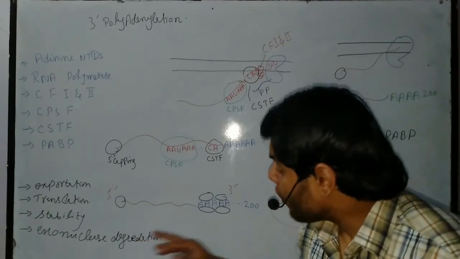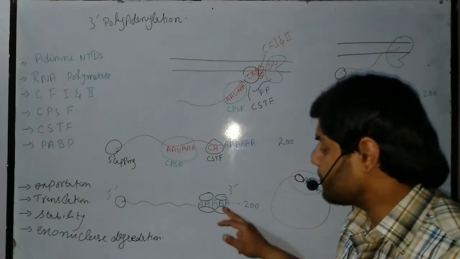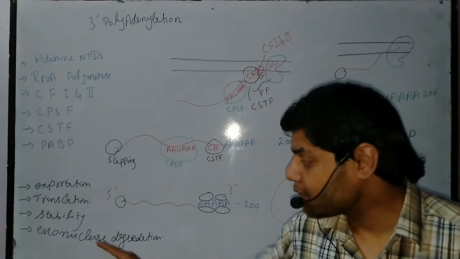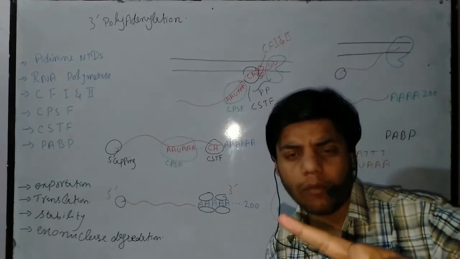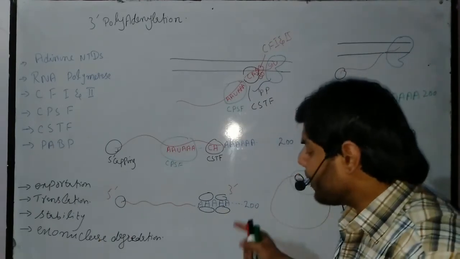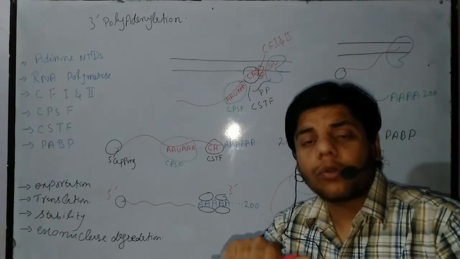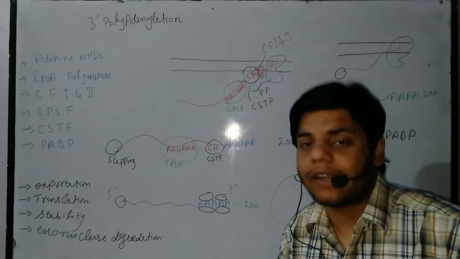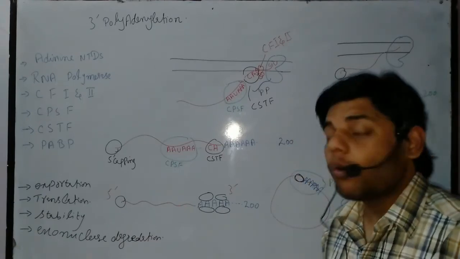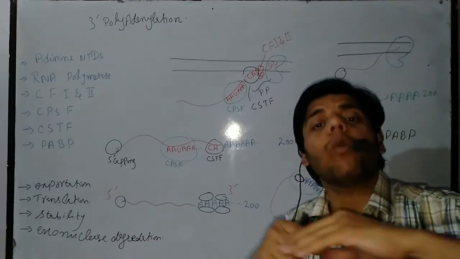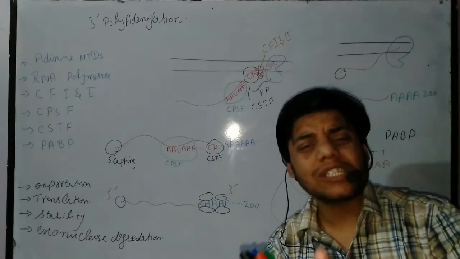So let's suppose the exonuclease comes and cleaves. Remember, exonuclease has the ability to cleave one nucleotide at a time. So when it keeps degrading, removing one nucleotide at a time, it doesn't have the ability to remove all the nucleotides. It will just remove a few nucleotides.